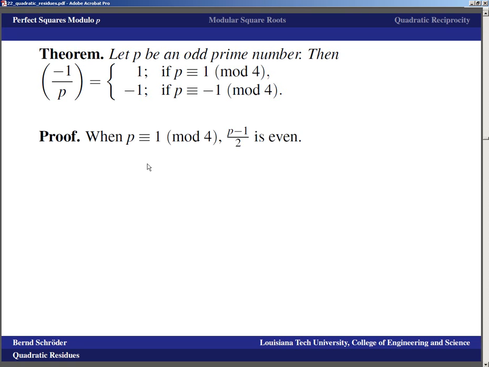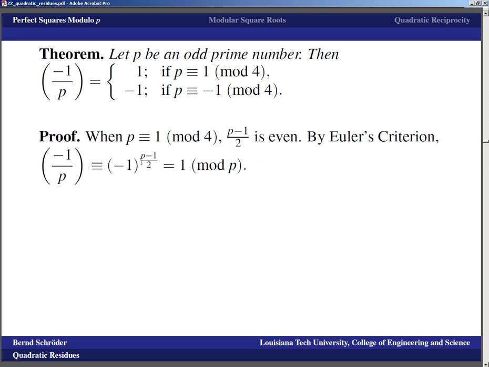And the proof: when p is equivalent to 1 modulo 4, then (p minus 1)/2 is even, and by Euler's criterion that means the Legendre symbol of -1 over p is -1 to the (p minus 1)/2, which ends up being 1 because we've got an even exponent. And this equivalence is of course modulo p, but as said before, if it's equivalent modulo p, then it's going to be equal overall as long as the right hand side ends up being 1 or -1.